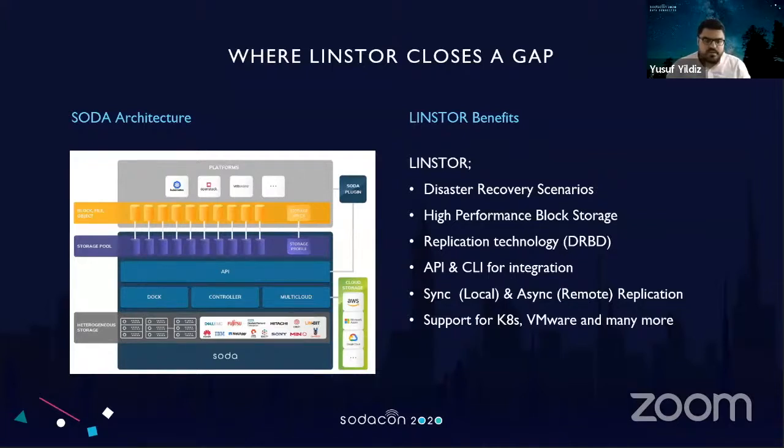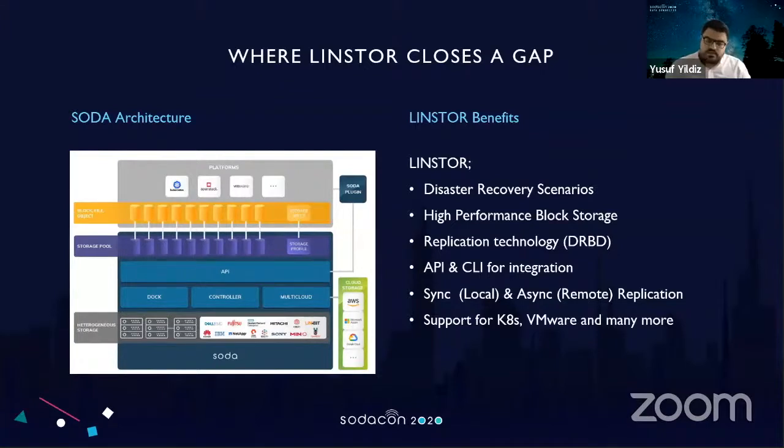And DRBD can work in synchronous and asynchronous mode. And this gives us plenty of space for any scenarios, like high availability locally and disaster recovery at a remote site in one single cluster. And also, LINSTOR has drivers and integrations, just like I mentioned, to Kubernetes, OpenShift, OpenNebula, VMware, you choose it.